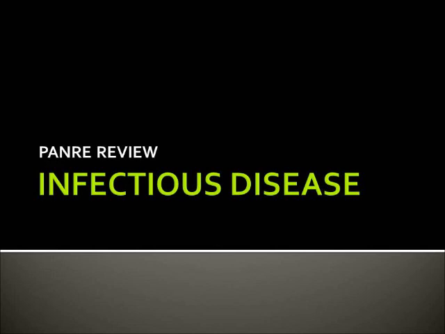The Jones criteria is what we call carditis and polyarthritis. Those are your major criteria, or chorea. And then there's major criteria and there's minor criteria. The major criteria, according to Jones criteria for the diagnosis of acute rheumatic fever, are carditis, polyarthritis, chorea, nodules, or erythema marginatum. The minor criteria are fever, polyarthralgia, and a high ESR.